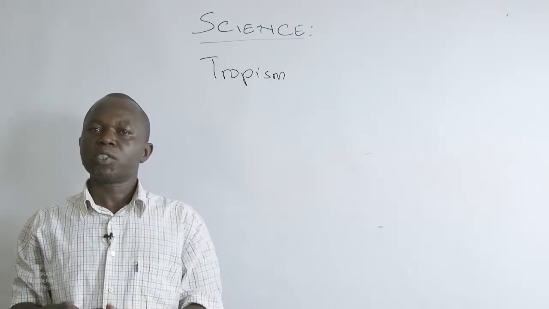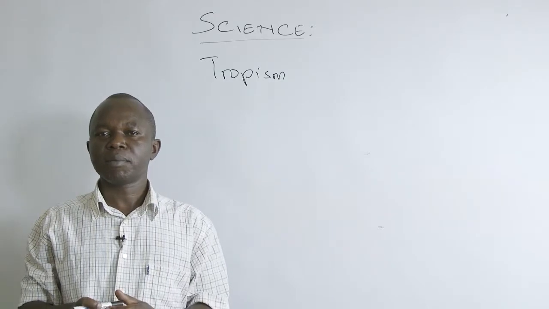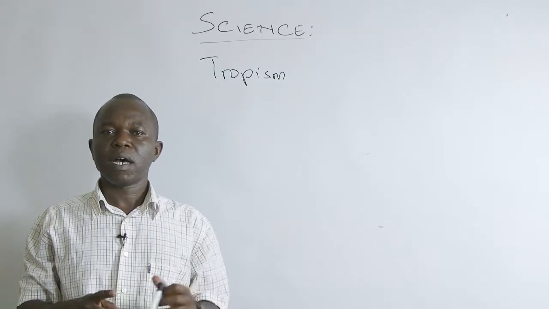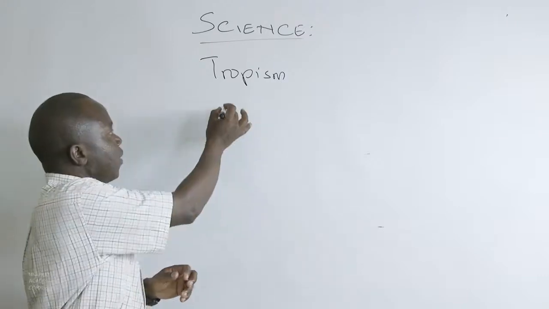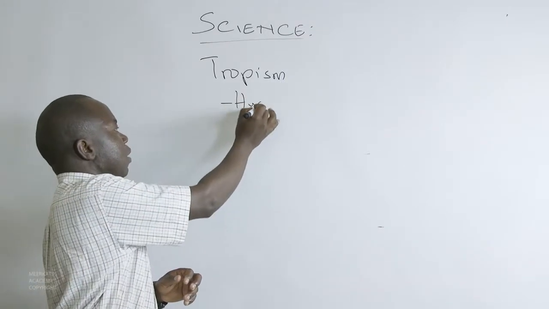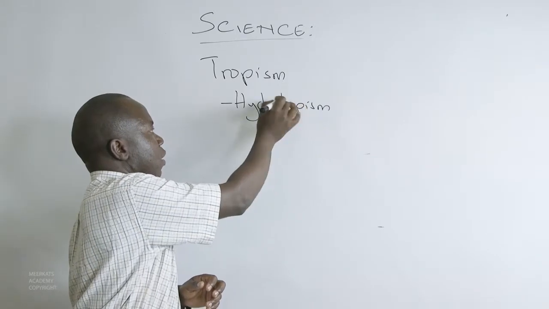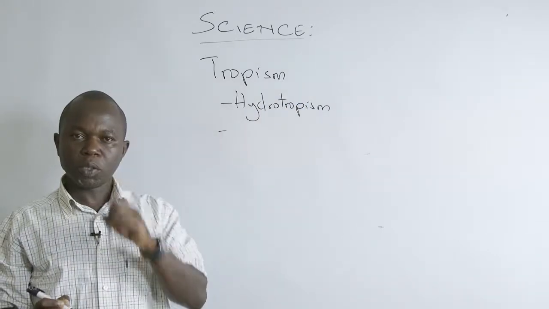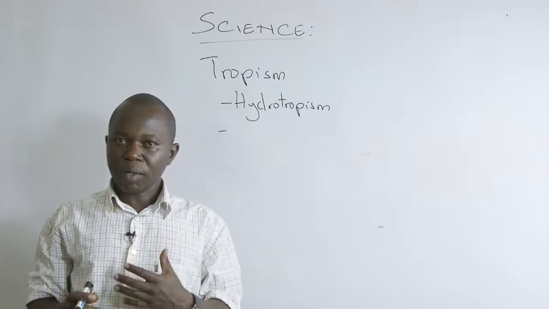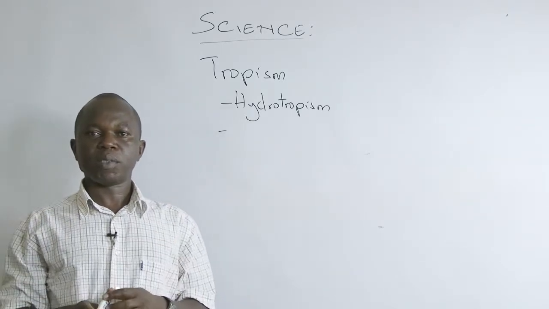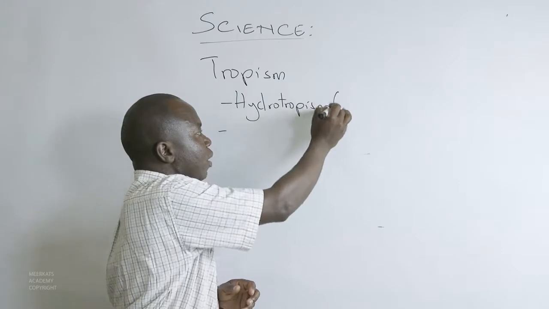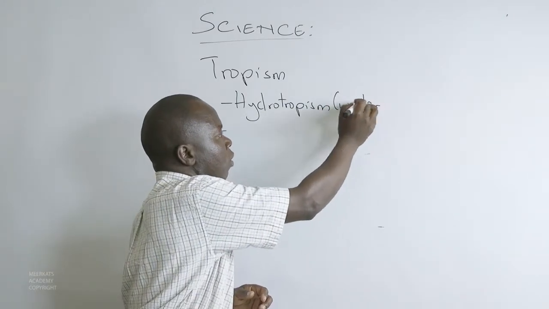We were able to mention several kinds of tropisms. We looked at hydrotropism, response either away or towards water or moisture. So the stimulus here is usually water or moisture.